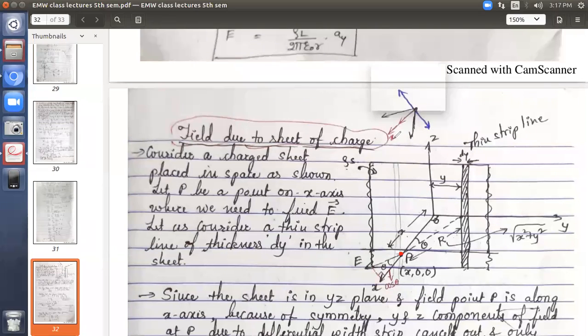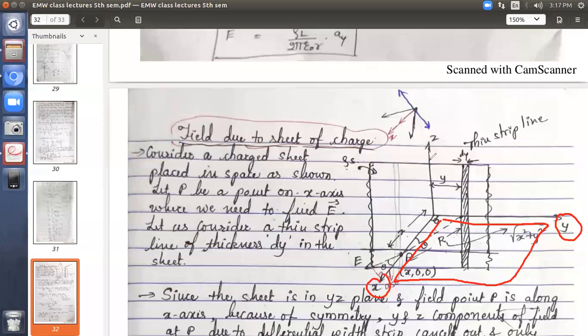For example, in your classroom, if this is your side wall and the sheet is mounted somewhere here, the sheet is kept in the XZ plane. In that case, the observation point will be on the Y axis; the third axis will be your observation point. Similarly, if this is the floor where you have kept the sheet, it will be in the XY plane, the sheet totally on the floor.